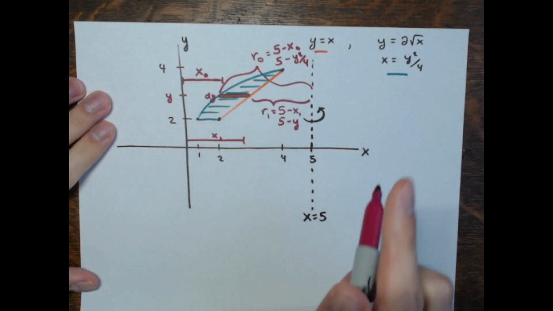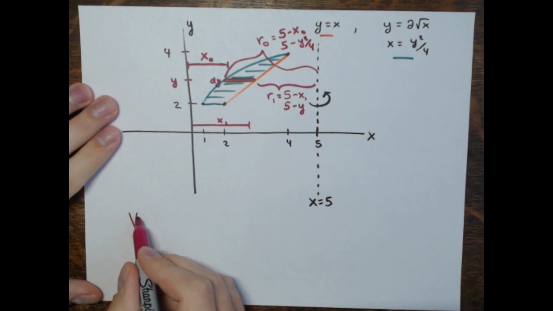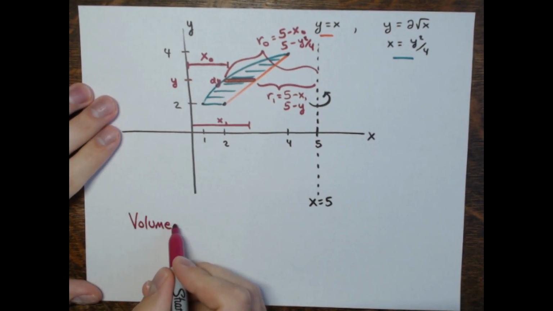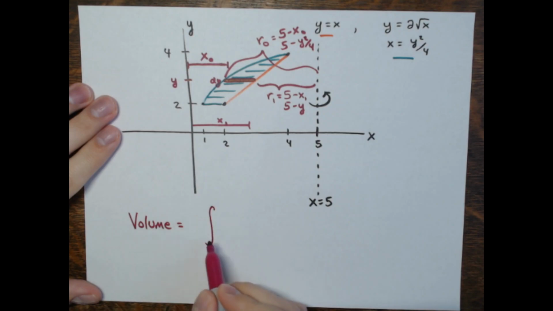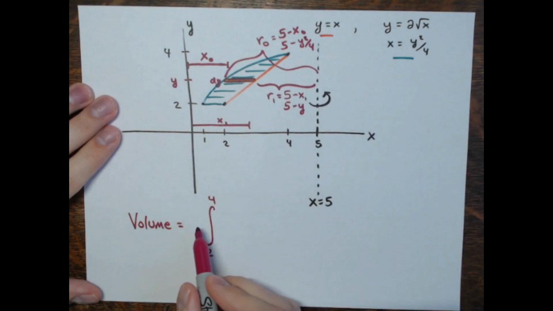So the total volume of this shape would be the integral, doing this for every y coordinate from 2 to 4, of the volumes of the washers created by rotating this little rectangle around the line x equals 5.